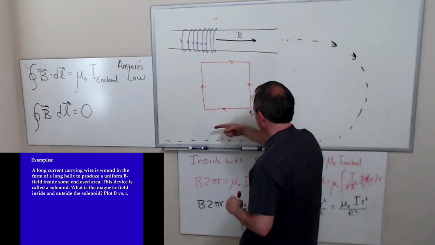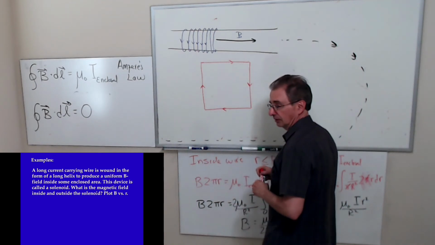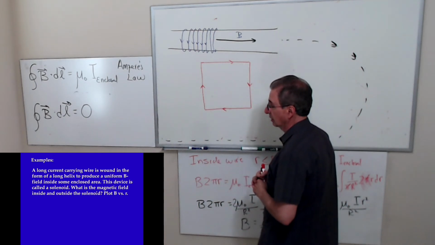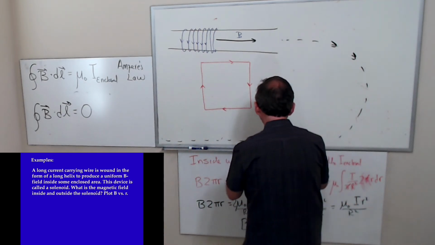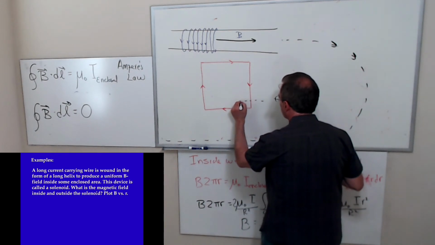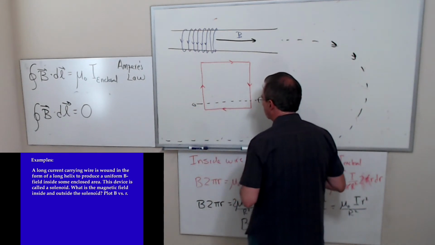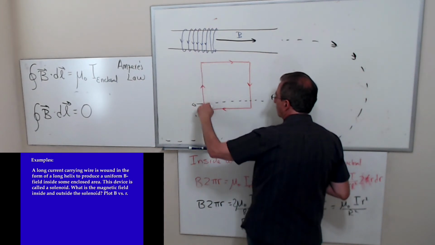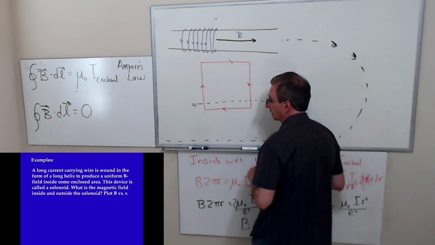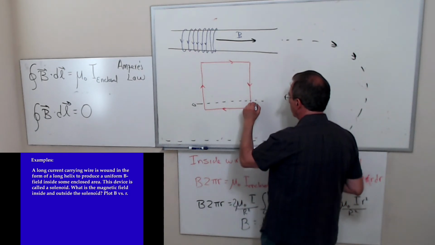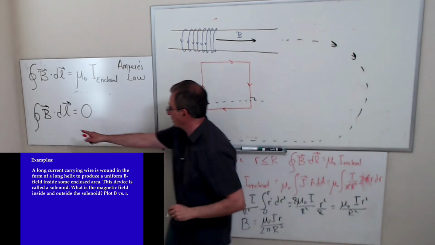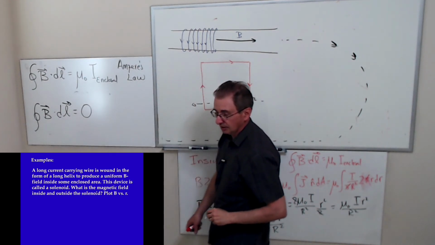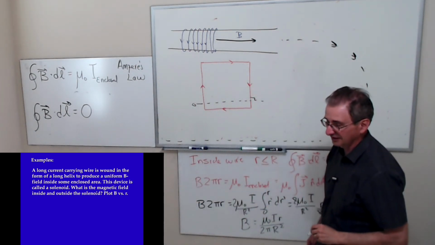Well, if the magnetic field line points to the left, and I look around this loop, when I integrate around this guy and this guy, what do I get? Actually, I get 0 for both because they're perpendicular to each other. The dot product is 0.